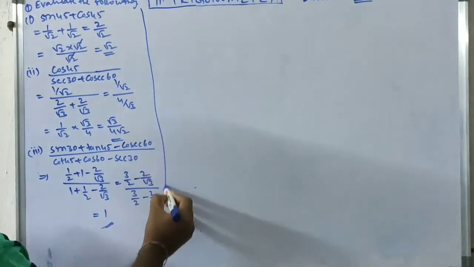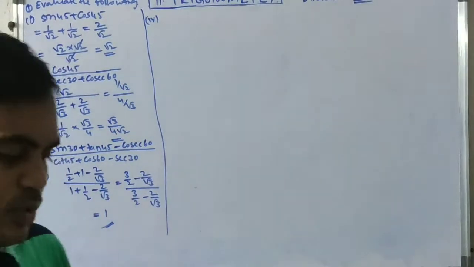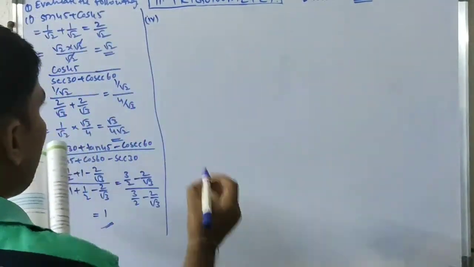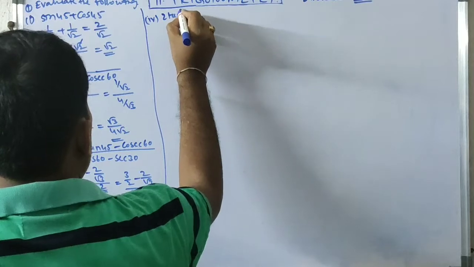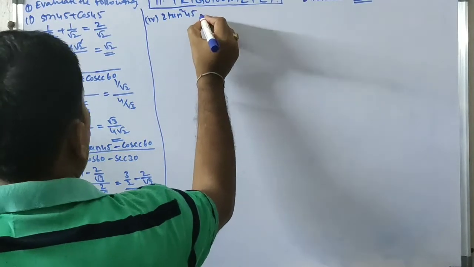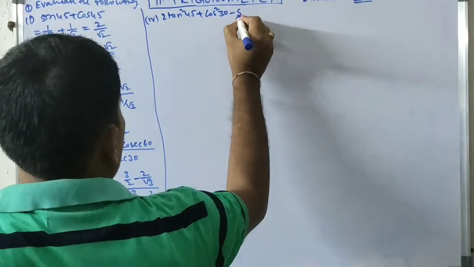Okay, next question number 4. So fourth question, 2 tan square 45 plus cos square 30 minus sin square 60.